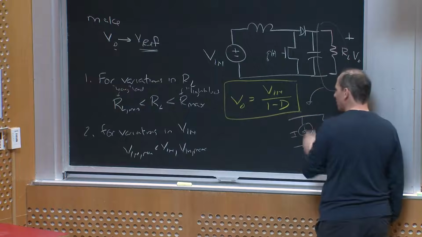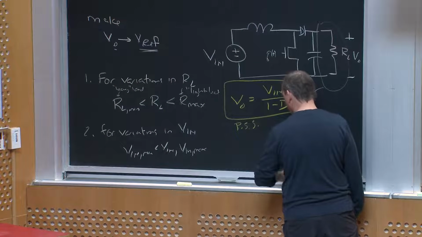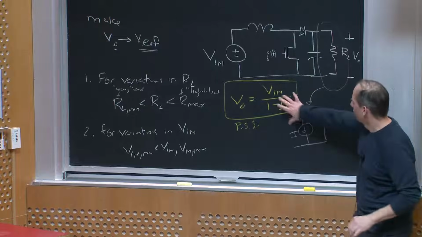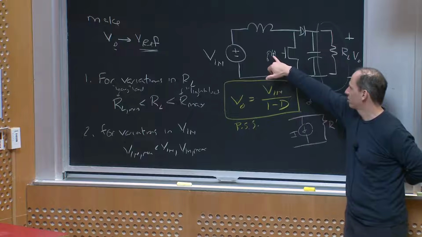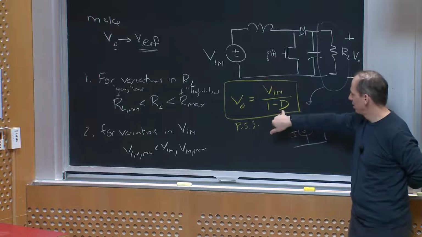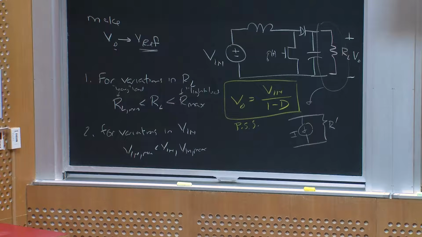So this is the steady state relationship, in PSS, periodic steady state. Once we've settled down, this converter ought to do this. So if I control the duty ratio of my switch, Q of t, to this value, this is what I should get for an output voltage, okay?